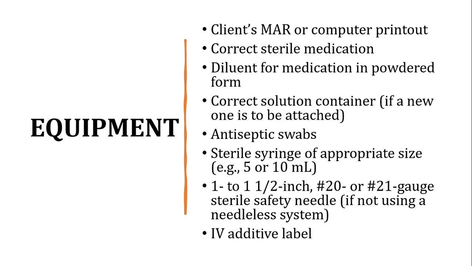Antiseptic swabs. Sterile syringe of appropriate size, 5 or 10 ml. 1 to 1.5 inch number 20 or number 21 gauge sterile safety needle, if not using a needleless system, and intravenous additive label.